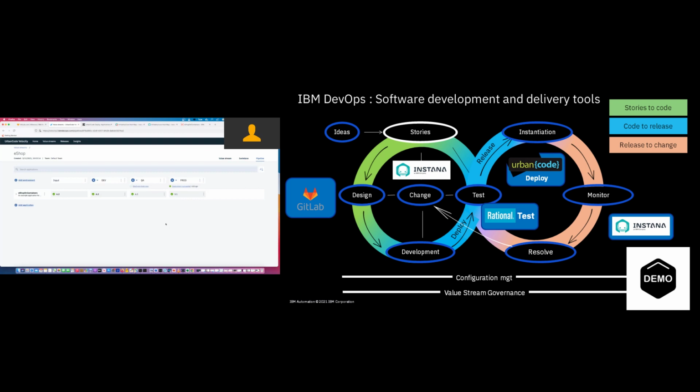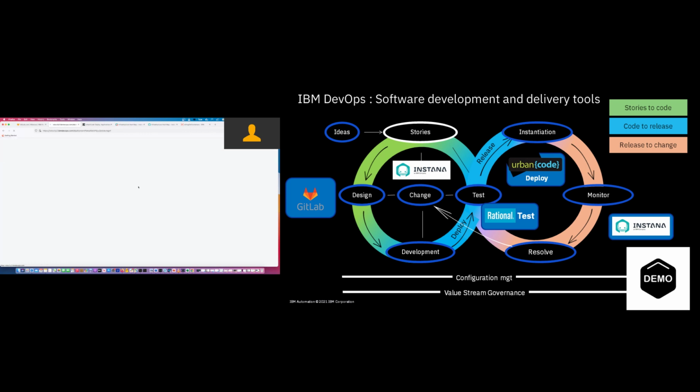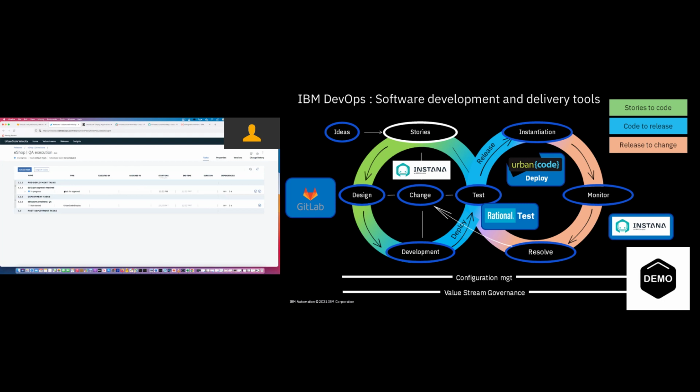Now one thing about Velocity is it has this concept of a deployment plan. Let's click on this plan real quick. Within a deployment plan, you can have different segments, and I've got a pre-deployment task segment here that can include different steps, maybe some manual steps and perhaps an approval step. These are just examples. You can see I have an approval here.